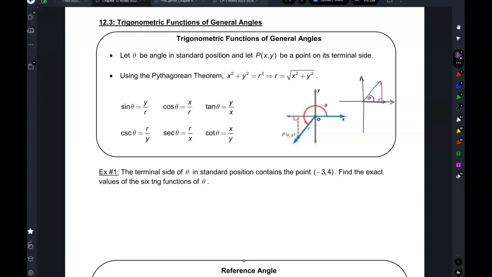So now, suppose I have a point here, and the point is 3, 4. If I draw an arrow from the origin to that point, 3, 4, I create an angle here with the x-axis.